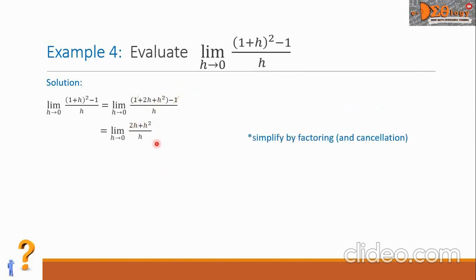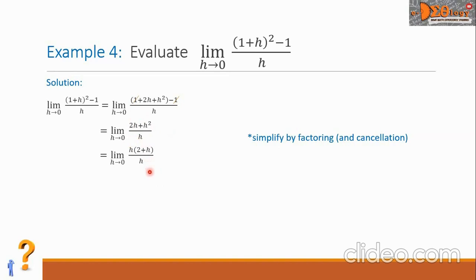At this point, we can now simplify by factoring and later look for possible cancellation. In our numerator, there is a common term, that is h. So we pull it out, our numerator now becomes h times the quantity 2 plus h, all over the denominator, which is h.